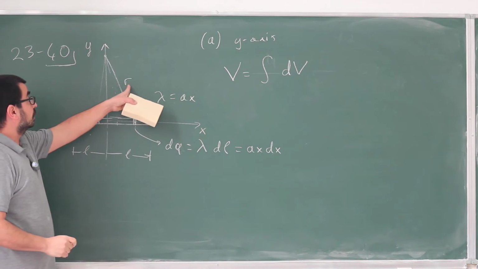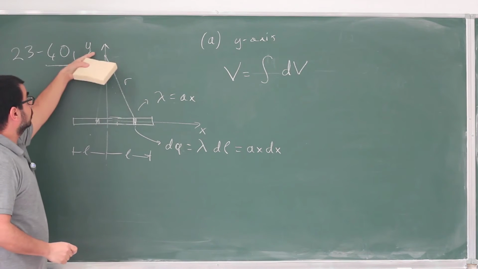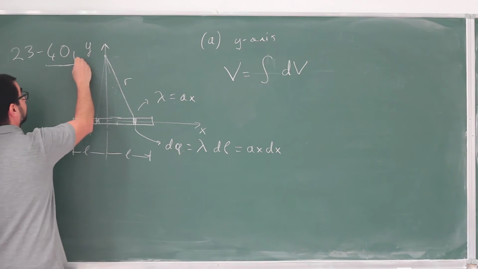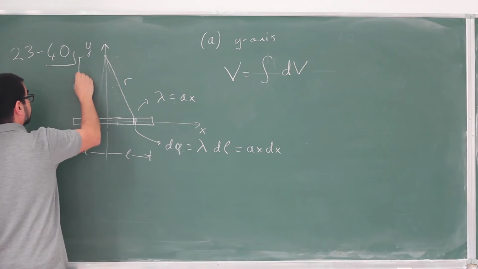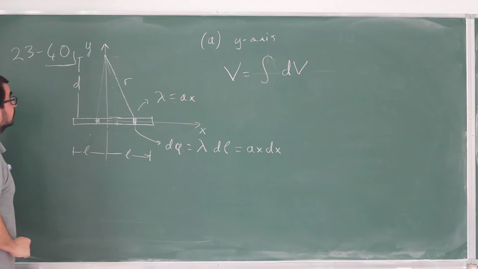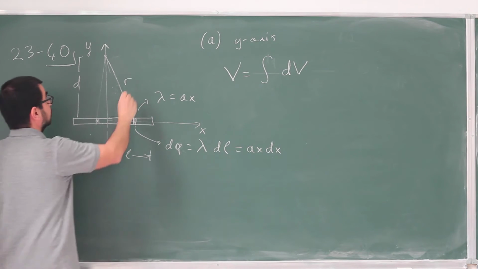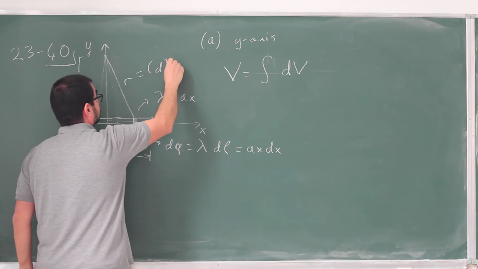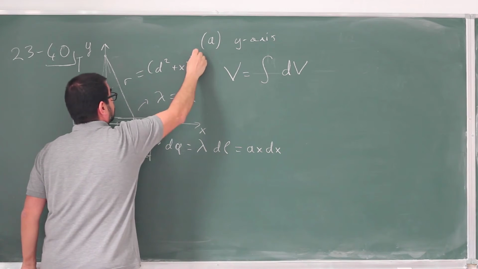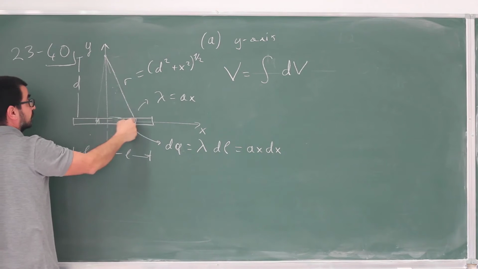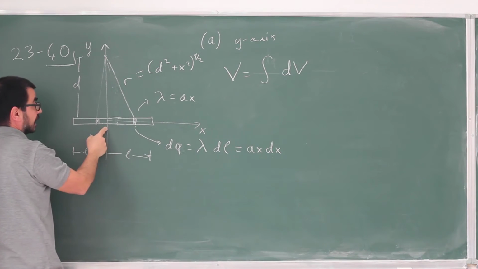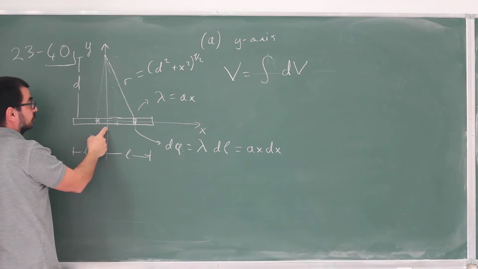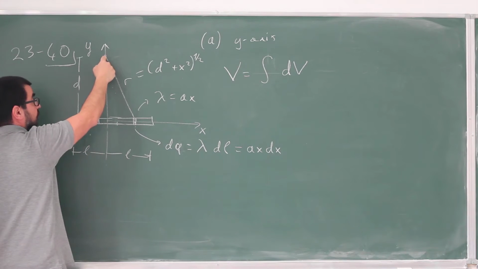And what about this r? Well, I'm going to be at some distance, let's say d, from the x-axis, and so that r is going to be (d squared plus x squared) to the power of a half. I have a right triangle here. This point is at distance x from the center of the rod, and this point is at distance d from the center of the rod.